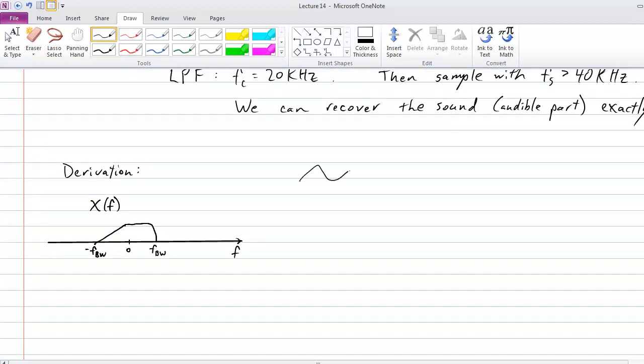sampling, we said, can be interpreted as multiplication with a sequence of delta functions.